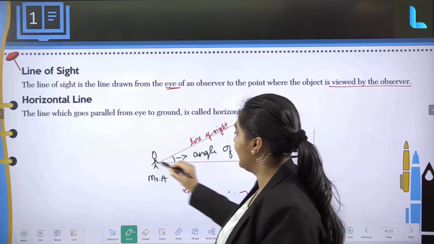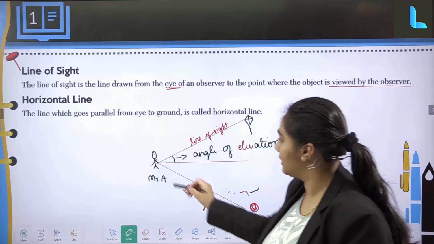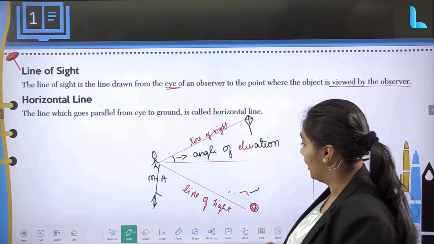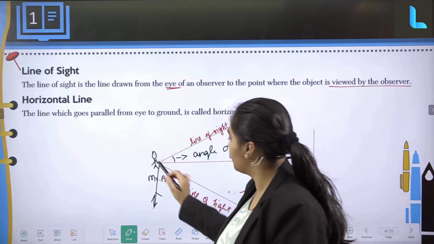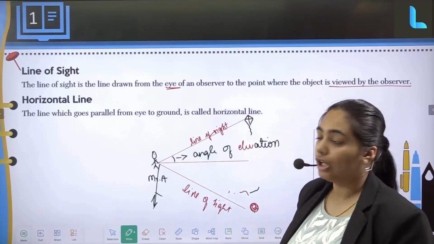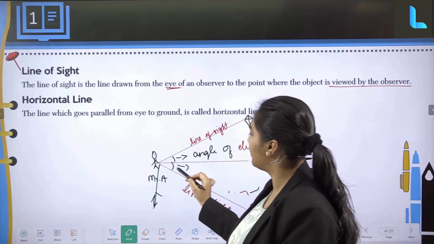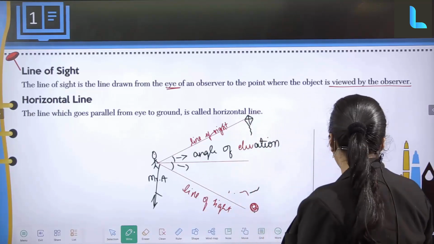Similarly, he is standing over here. This is the building. Suppose he is standing on a building and over here there is a ball. From here he is having a look at this ball. Whatever angle is formed over here, this angle is called the angle of depression.